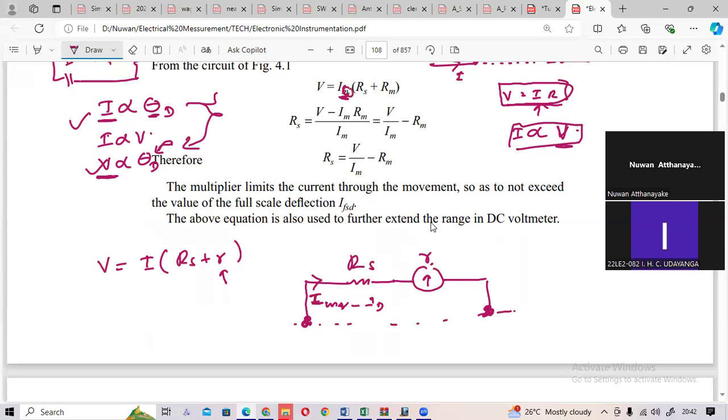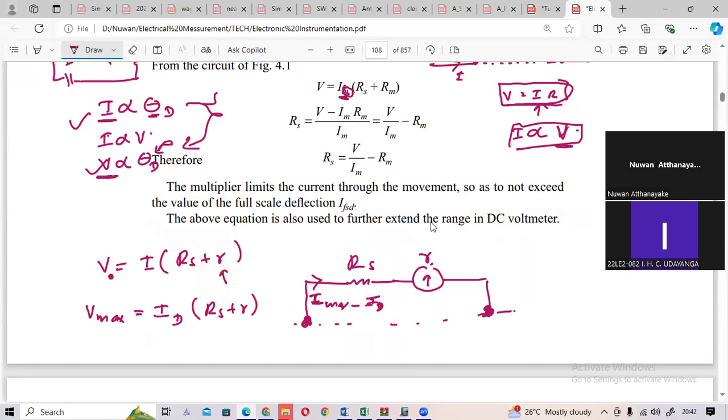IM and ID are identical. When the maximum current is flowing through this setup, the maximum voltage will be shown, which at the maximum deflection point is ID times (RS plus R).